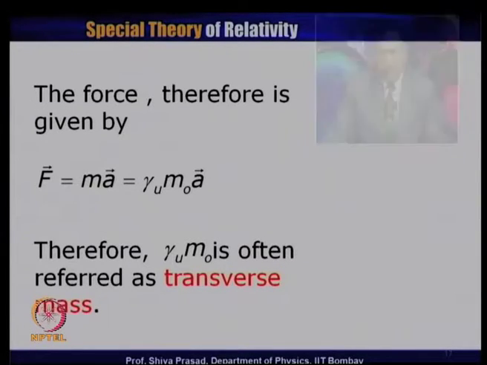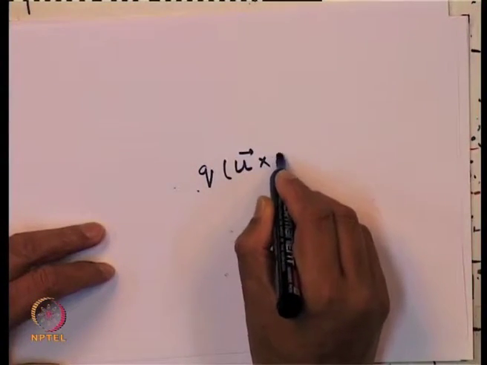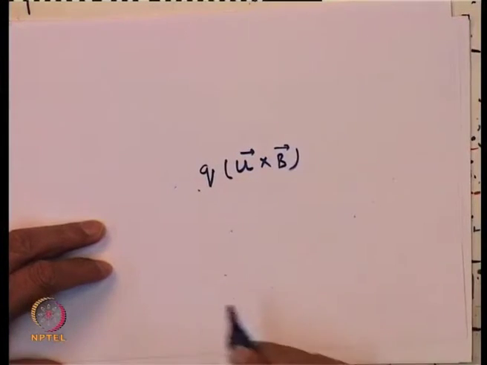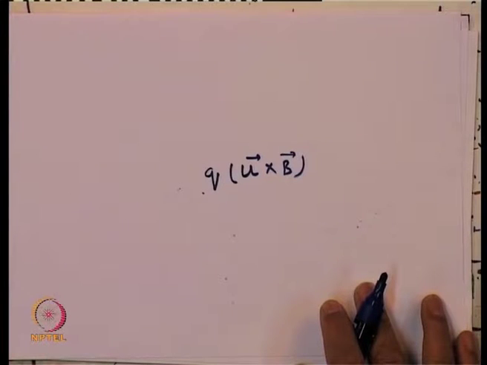Now, we must be wondering whether we have such a situation. If you remember electromagnetic theory, we know that this situation is quite common. If there is a charged particle in a magnetic field, then the force on that particle is given by q u cross b, the force on a charge q moving with a velocity u.